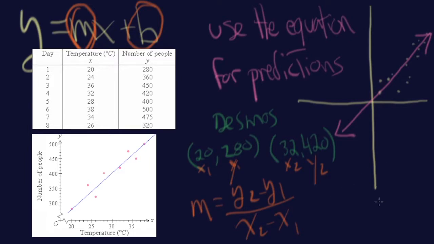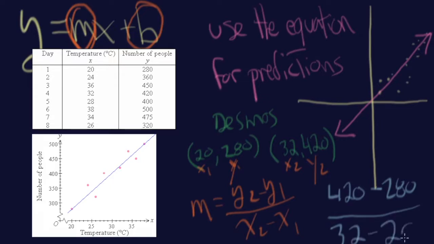So if we're going to do some math, we're going to go and get our 420 minus 280 all over 32 minus 20. So that's what we're going to go and do. And I think I'm getting 140 over 12. So you get 140 over 12. And then you're going to want to go and simplify that.